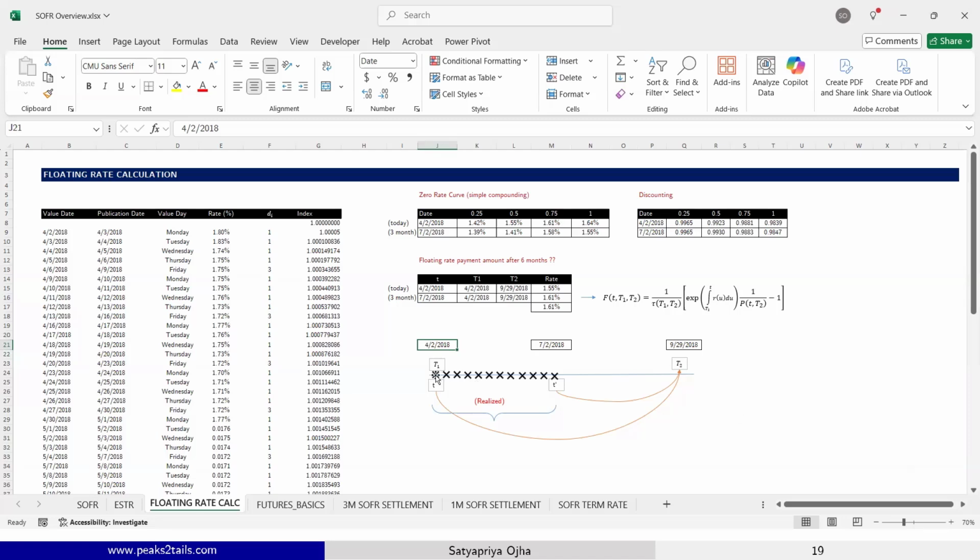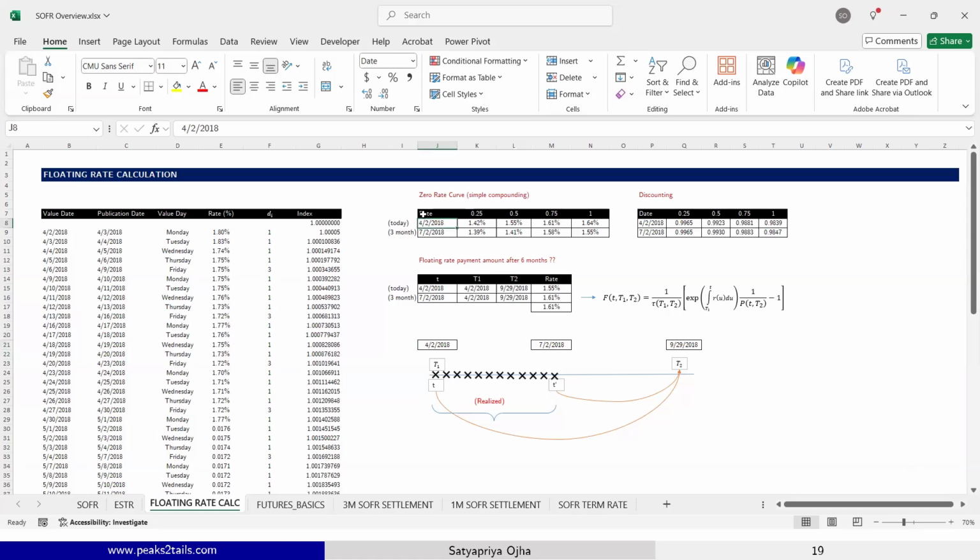So whatever is your 6-month rate that you have constructed as part of your yield curve construction, take that and calculate the floating coupon. Okay, but that is not the final settlement. From a valuation perspective, you need to be able to project the floating cash flows and then discount them. Correct. So the forward rate can be easily calculated looking at the yield curve that you constructed on 4/2, 2018.